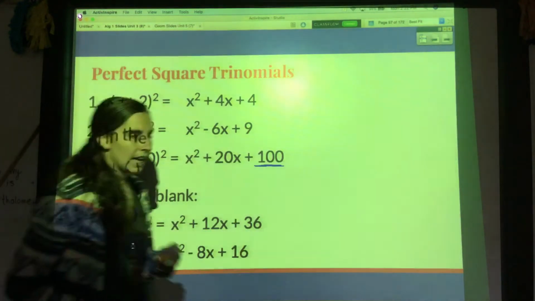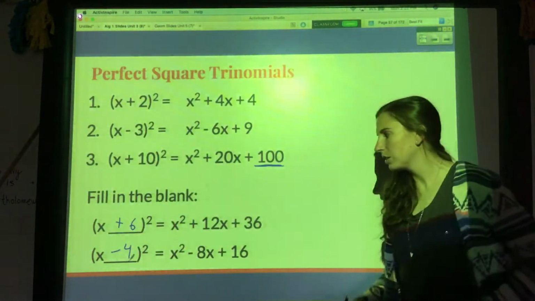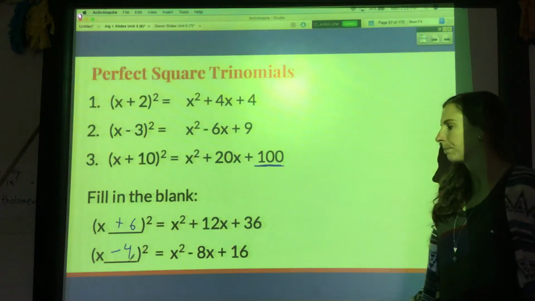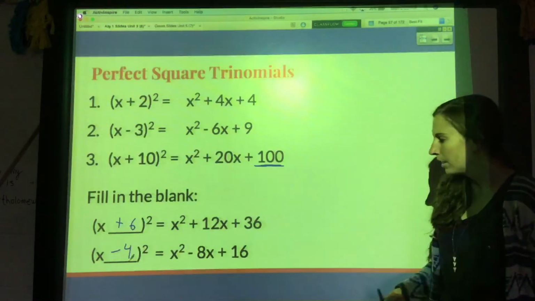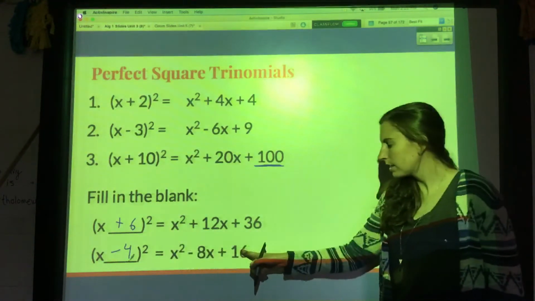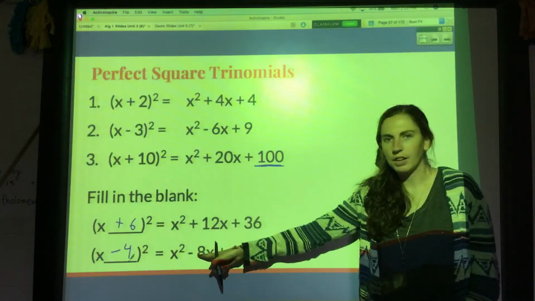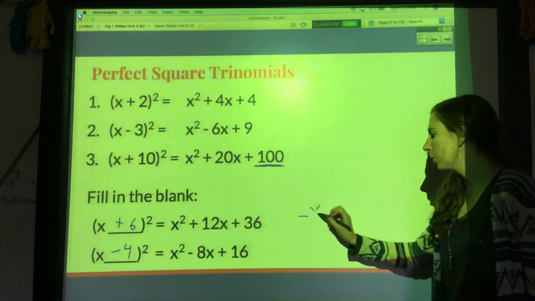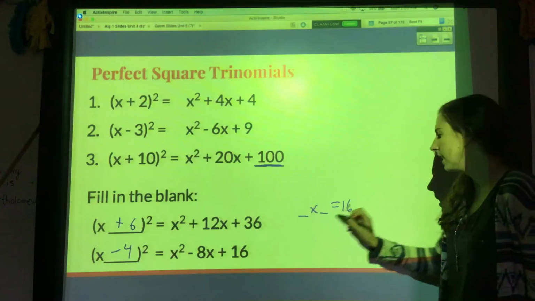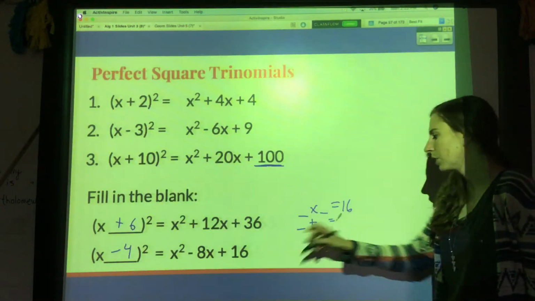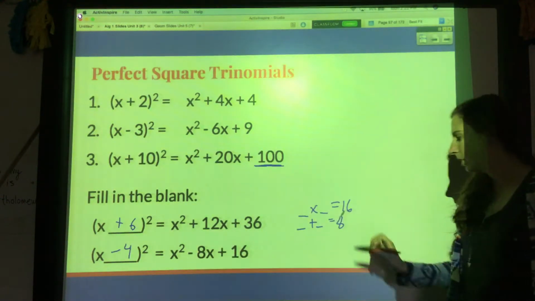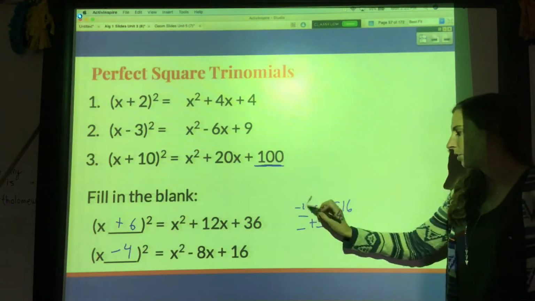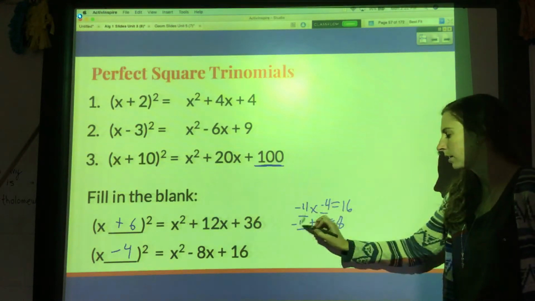Okay, if you forget this little pattern, the good news is you can always just use the rainbow method. What multiplies to give you 16 and adds to give you negative 8? That would be negative 4 and negative 4.